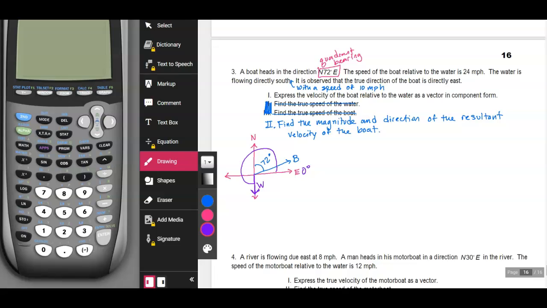Okay, you're looking at B. You're totally correct, Matthew. That's how you find the direction angle for B. This portion right here, we know one quadrant is 90 degrees. So to get our direction angle for B, it's 90 take away that 72. And we get how much?